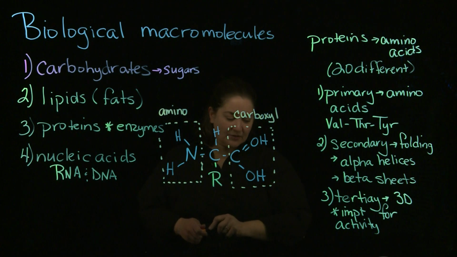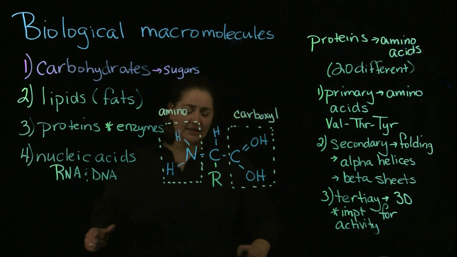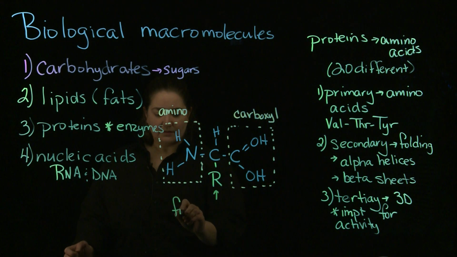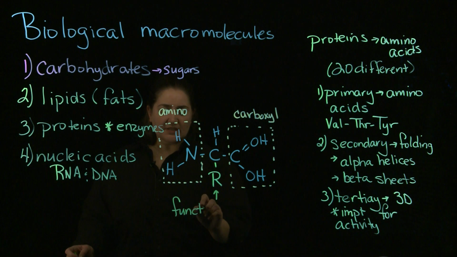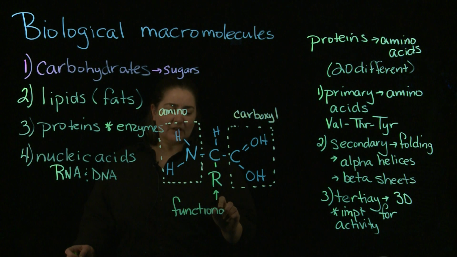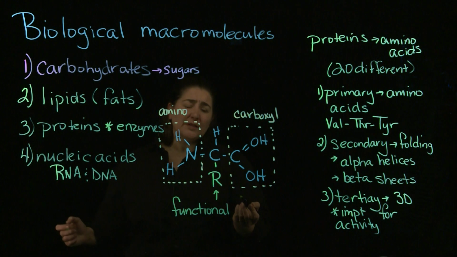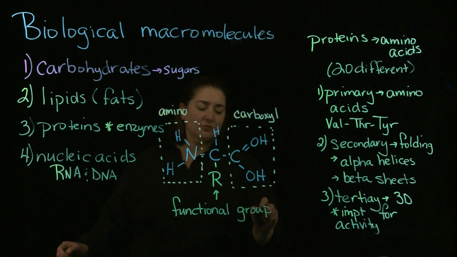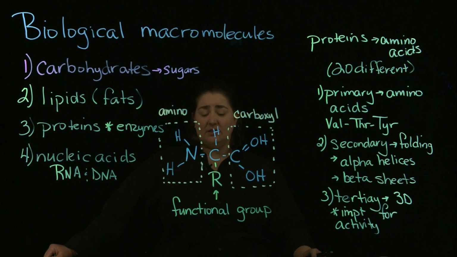You'll notice also in there that I've drawn an R group. That R group is kind of a general placeholder. Because in terms of that, you're going to have some functional group attached there, all right?